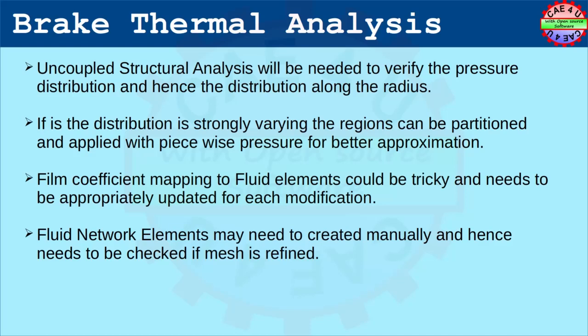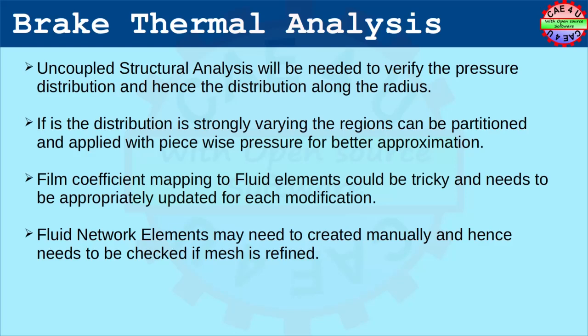However, the point of action of pressure can be modified if permitted by the design to ensure a more uniform pressure distribution across the surface, which is also desirable in terms of getting the desired performance. If the distribution is strongly varying, then the regions can be partitioned and the pressure can be approximated as a piecewise function so that the solution can be more reliable.